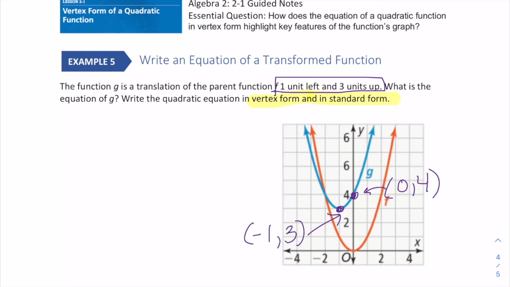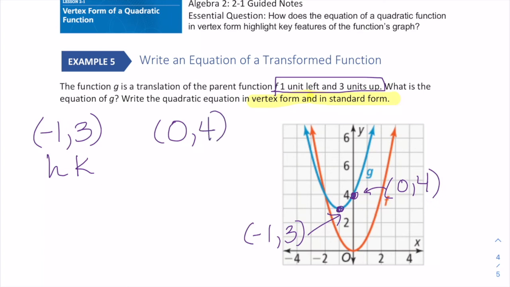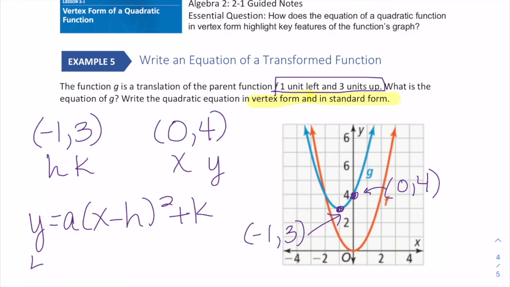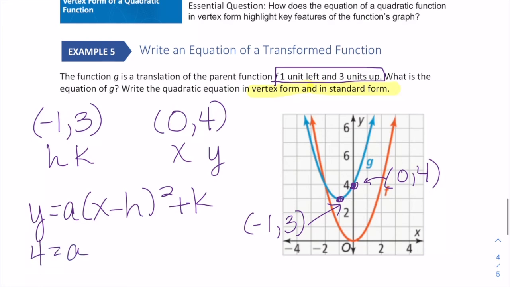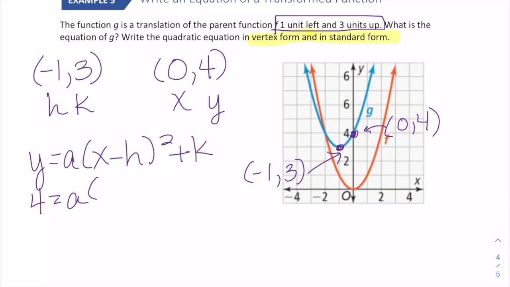So I'm going to write this up here. So (-1, 3) is our vertex, our (h, k). We have another point on that g of x function, which is (x, y). When we substitute all of those variables into vertex form, we'll get 4 equals a times (0 plus 1) squared plus 3.